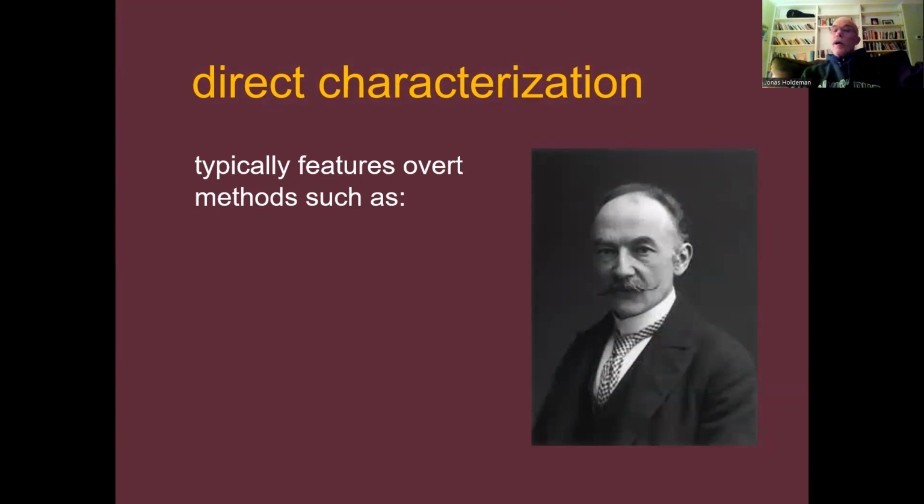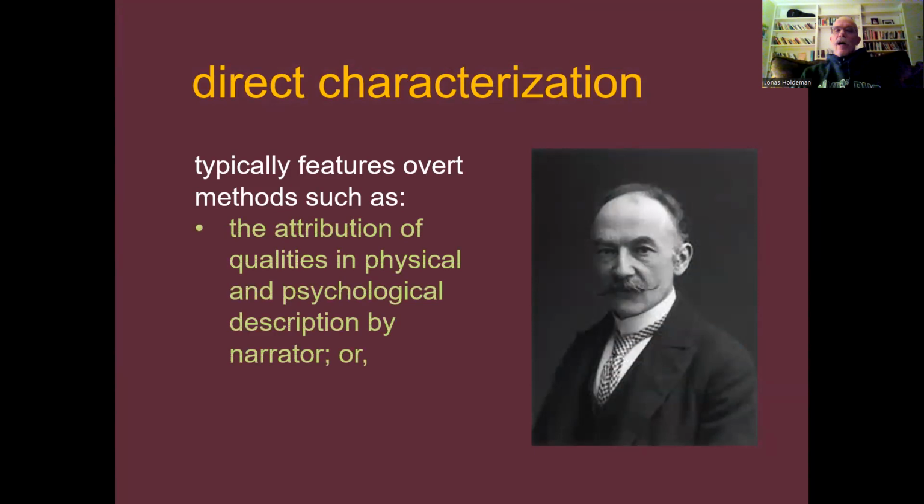Direct characterization features elements such as the attribution of qualities in physical and psychological description by the narrator. In other words, the narrator is telling us about the consciousness, the entity in question, so that we don't have to necessarily guess at things.